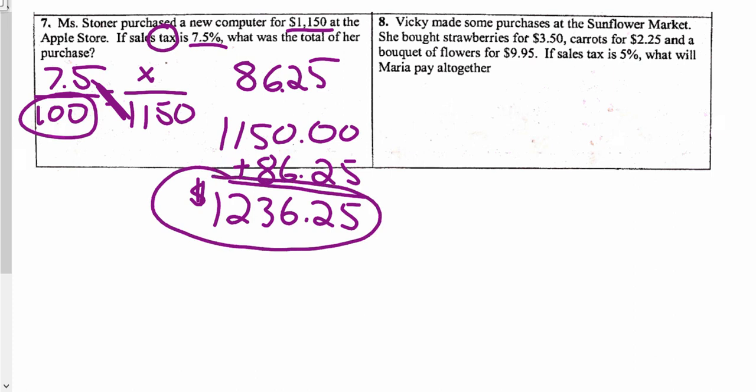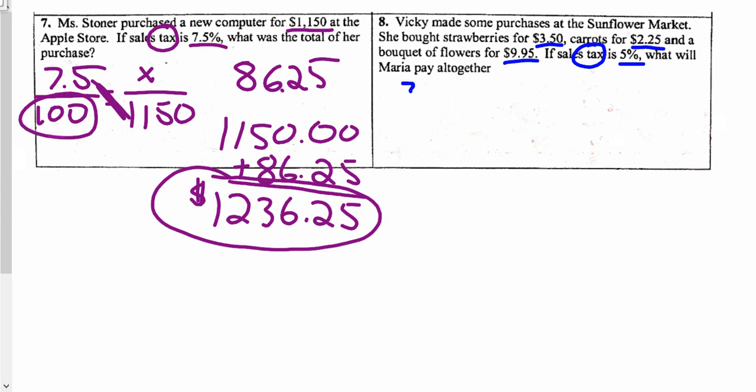Number 8. Vicky made some purchases at the sunflower market. She bought strawberries for $3.50, carrots for $2.25, and a bouquet of flowers for $9.95. If sales tax is 5%, what will Maria pay altogether? Well, first we've got to figure out how much you spend altogether.